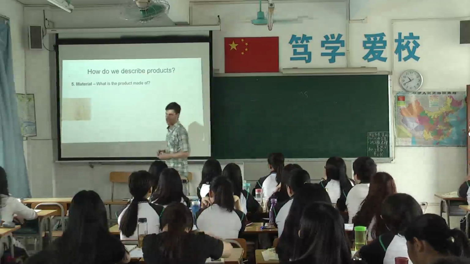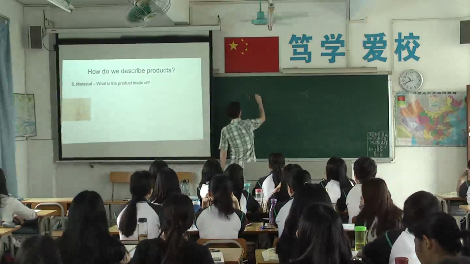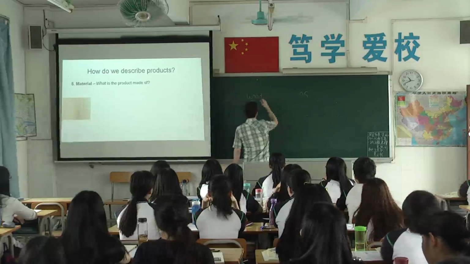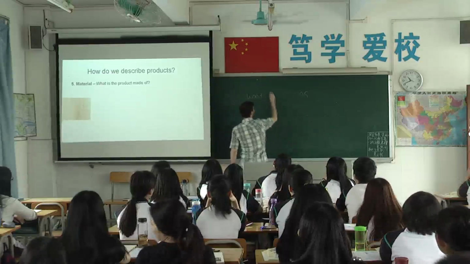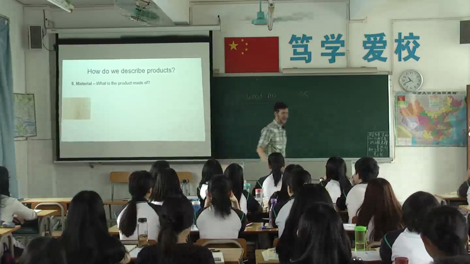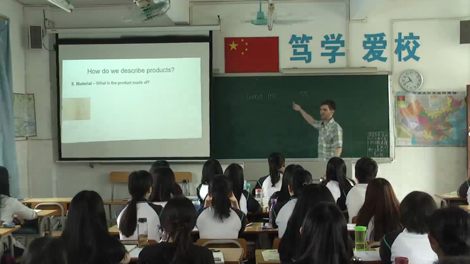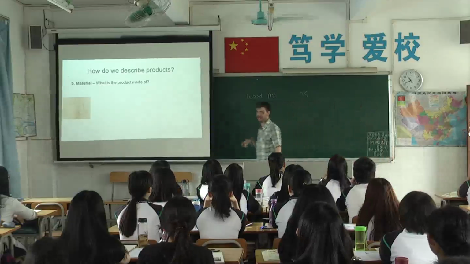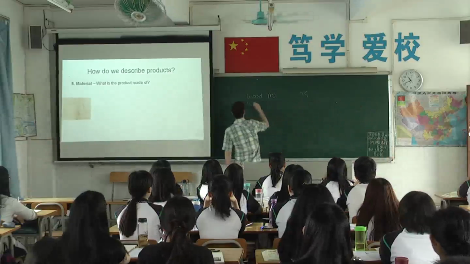This is wood, right? This is wood. Can anyone tell me, this is the noun. Wood is a noun. I used wood. Can anyone tell me how to turn this into an adjective? Wooden. Good job.